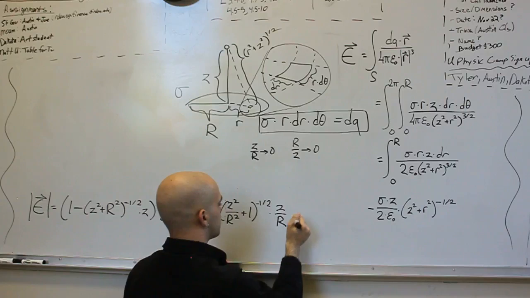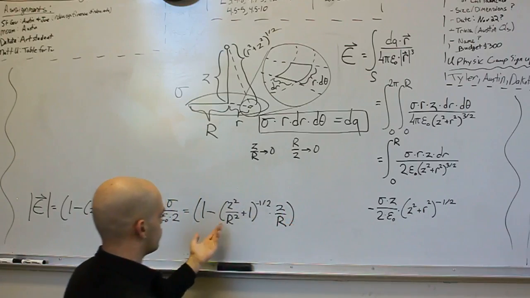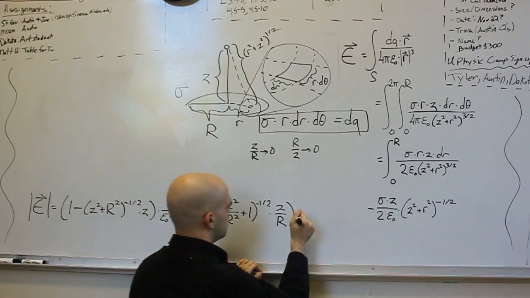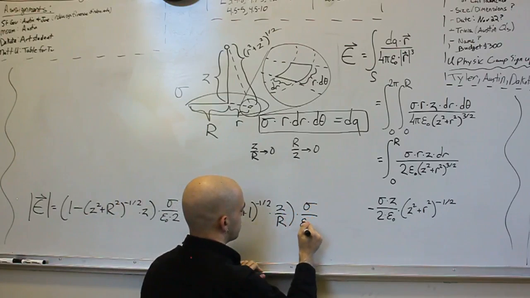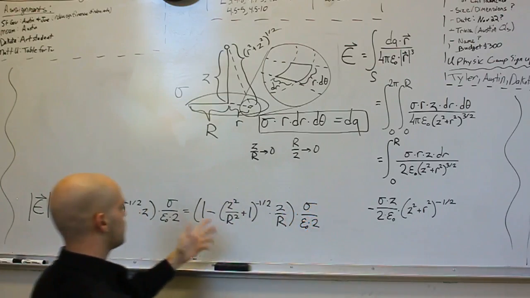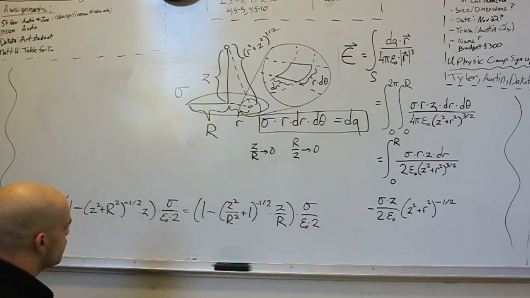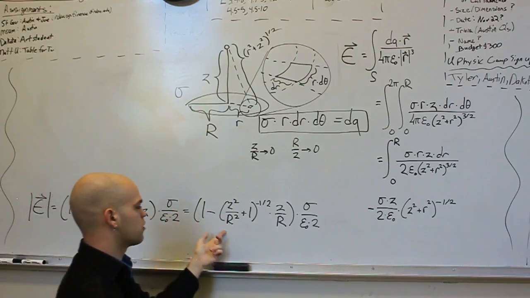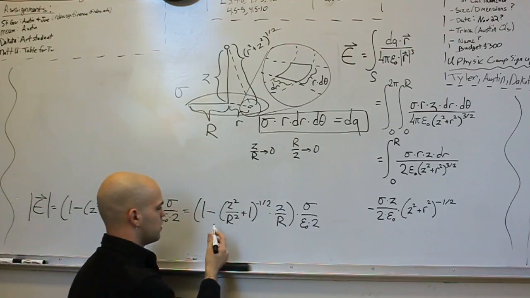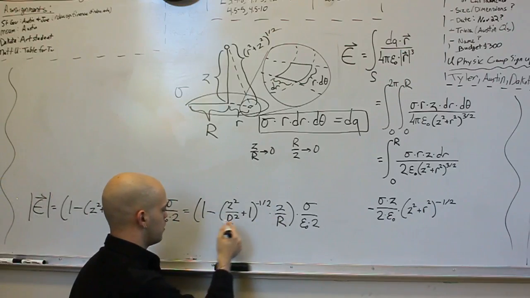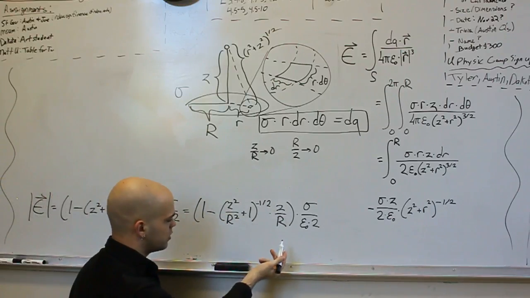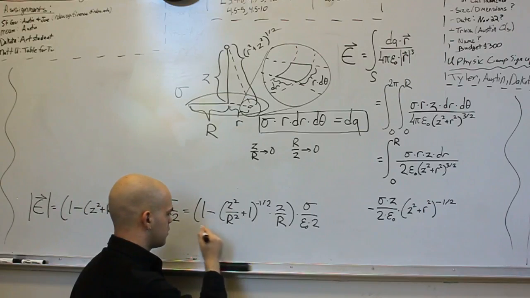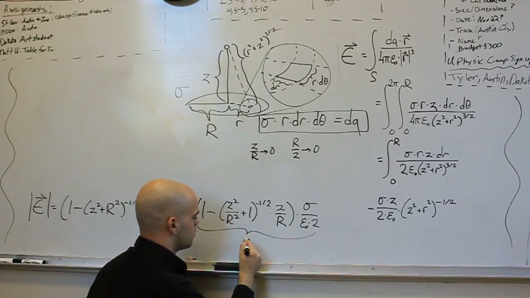Convenient little thing right there. So then it becomes z over r. So once again, we've just replaced everything with z over r. Times sigma over epsilon naught times 2. Okay, so we got this cool thing. Now, if we take z over r to 0, then this becomes 0, this becomes 1 minus 0, which is just 1, and then the whole thing goes to sigma over epsilon naught times 2.